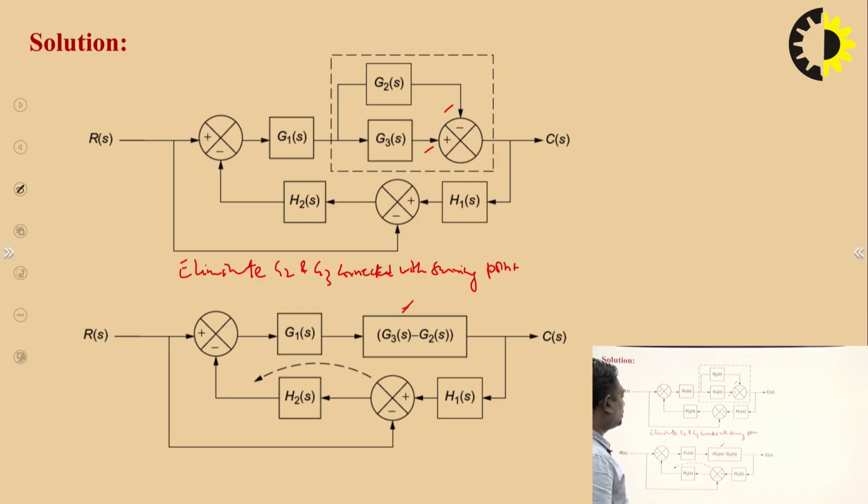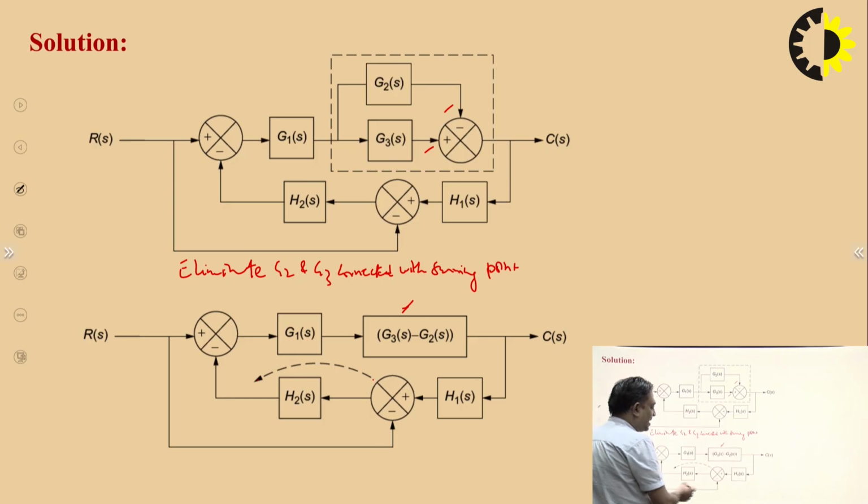Now another thing what we can do, can we shift this summing point from here to here? Important thing is that here signal is transferring in this direction. So what we are doing basically, we are shifting our summing point beyond the summing point after this block H2. Okay. So what happened?